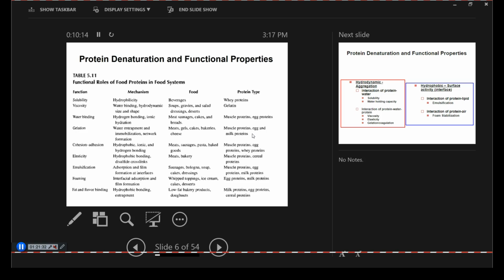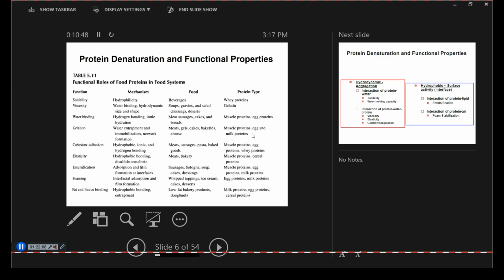The more hydrophilic it is, the more net charge you have, which means it will be more soluble. The food product most impacted by solubility is a beverage, a high protein beverage. The most common protein used in high protein beverages is whey protein. Now, there are plant proteins coming into the formulations, but originally your most favorable protein for beverages is whey protein.